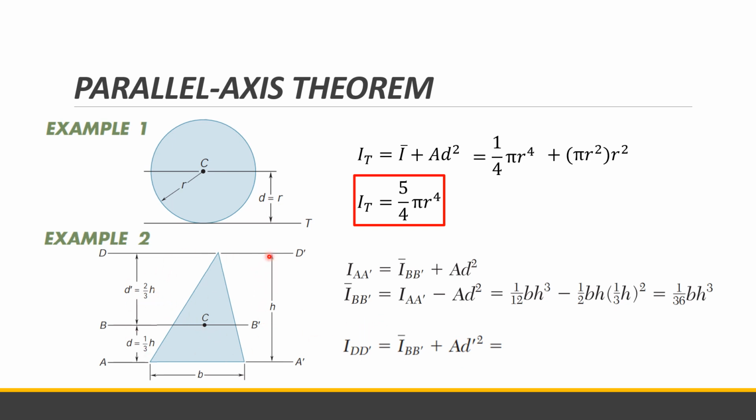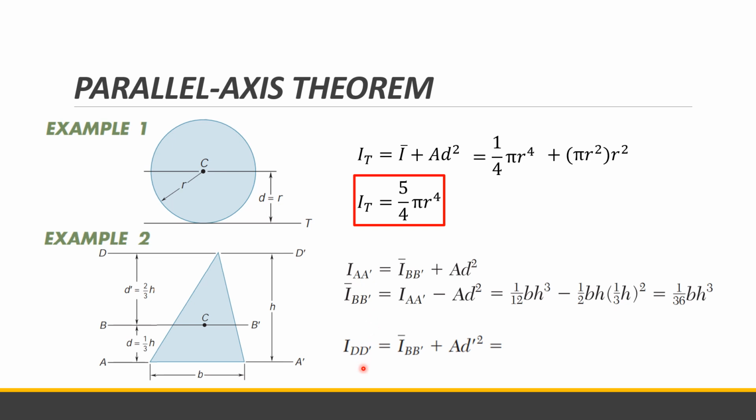For this problem, for example, you are to determine the moment of inertia at DD prime, but you are only given the moment of inertia at the base. So first, to get the moment of inertia with respect to DD prime, you must first get the moment of inertia at the centroid. So using the moment of inertia at AA prime, masasolve natin yung BB prime na moment of inertia.